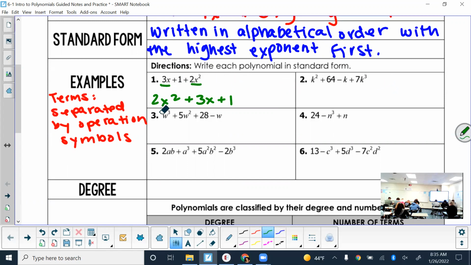All right, so let's look at number 3 together. What letters are we dealing with in number 3? W. So look at all the terms that have W's. And out of these 3 terms that have W's, which one gets written first?